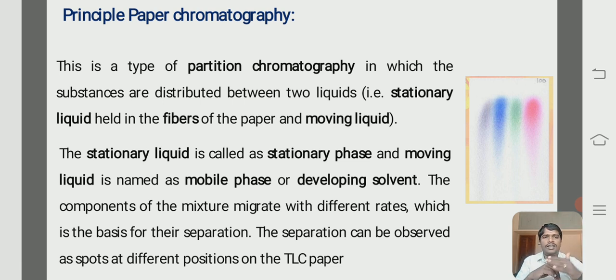The stationary liquid is called the stationary phase and the moving liquid is named the mobile phase, or developing solvent. The components of the mixture migrate with different rates, which is the basis for their separation. The separation can be observed as spots at different positions on filter paper.